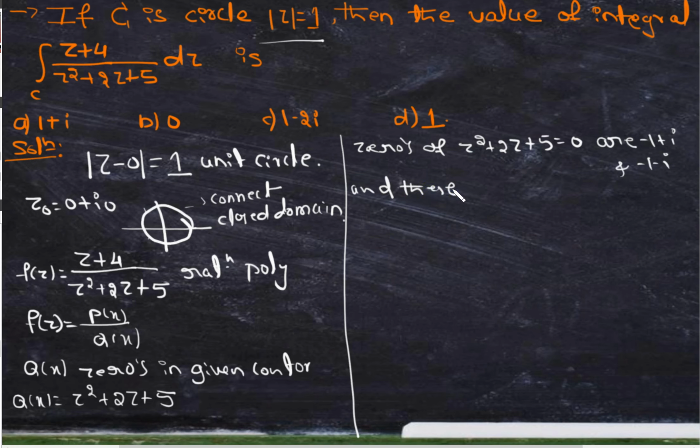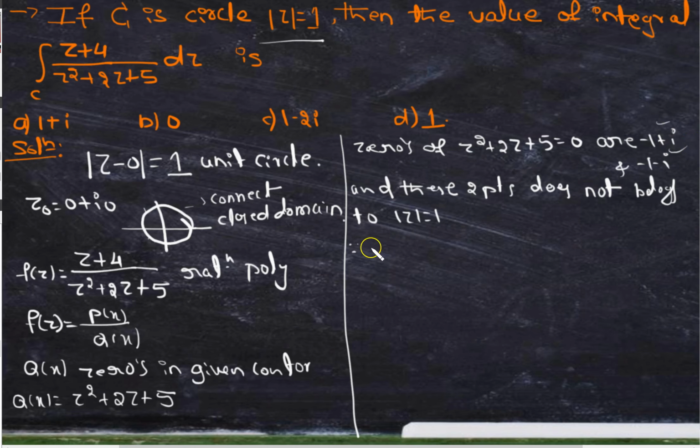Our duty is to check whether these two points belong to the contour mod z equal to 1 or not. Here we can use the distance formula to calculate whether these points lie in the given contour or not.